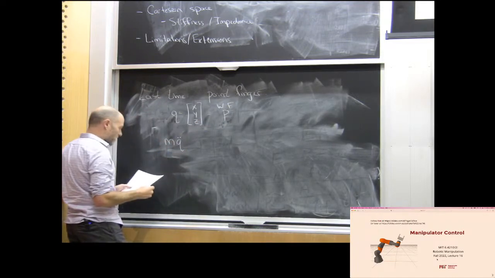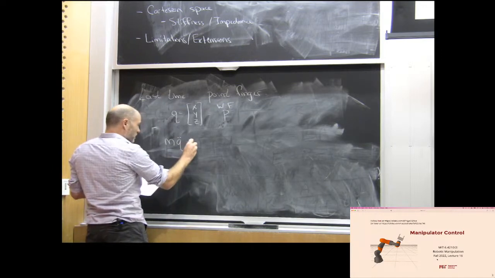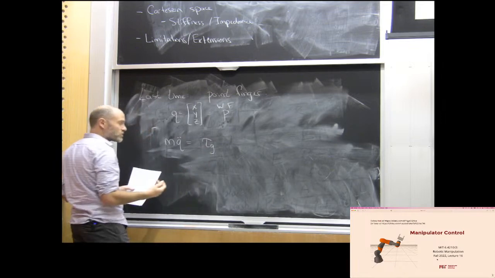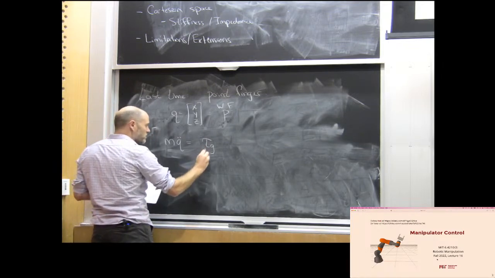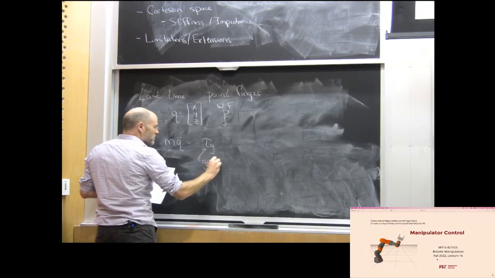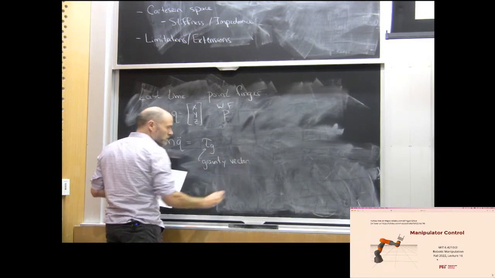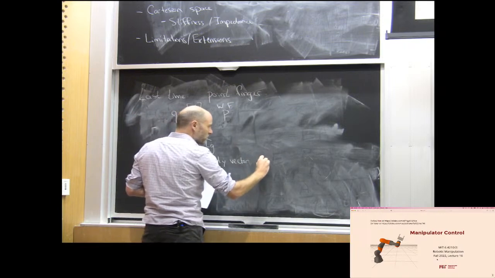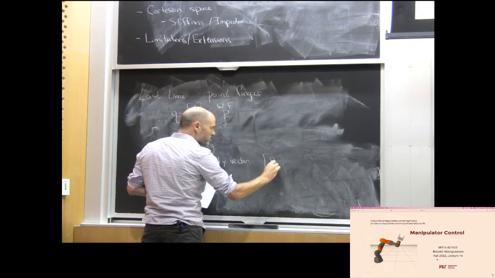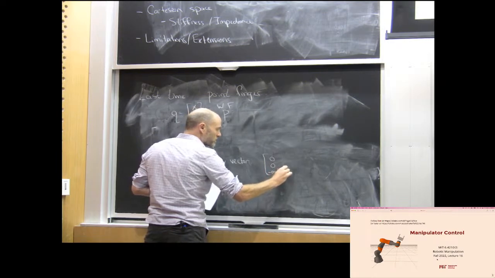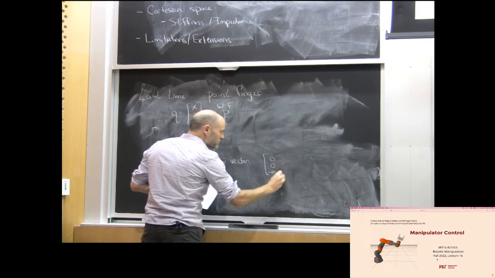So the dynamics of this point finger were very simple. We just had our mass times acceleration. Let me write it in the slightly more general form this time. This is the gravitational vector, which for the simple robot is just 0, 0, negative m times 9.81, negative mg, if you will.